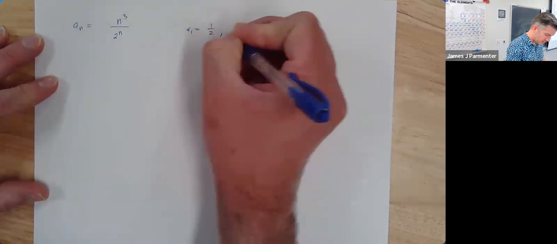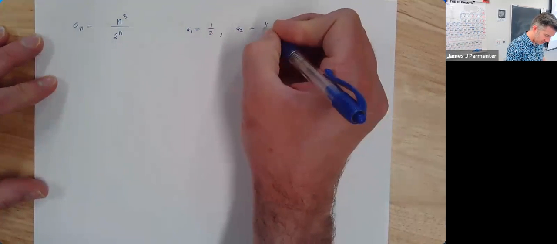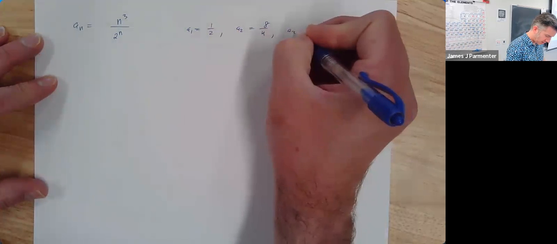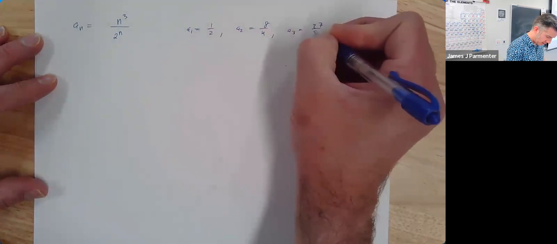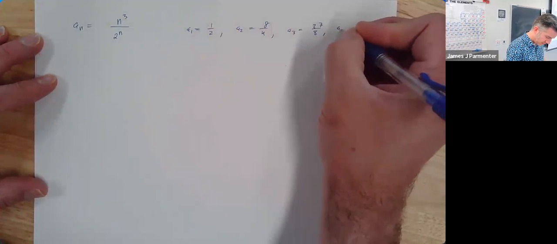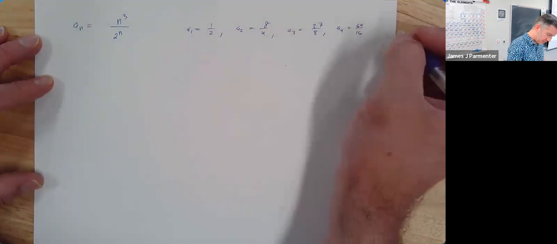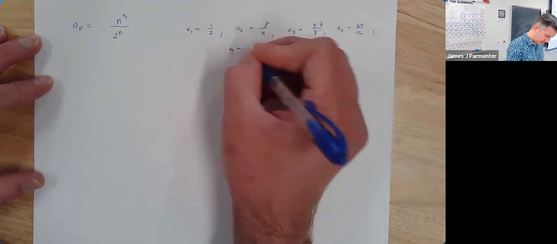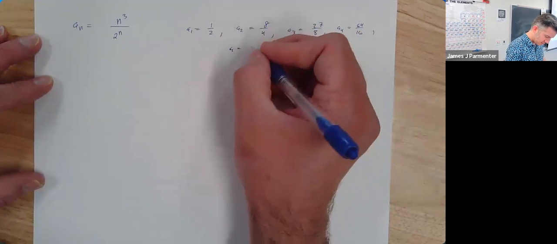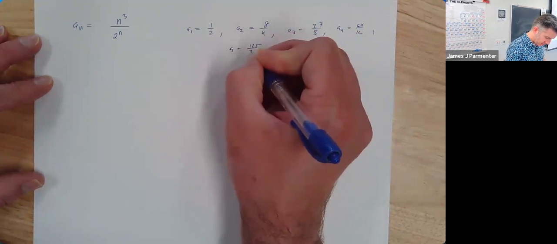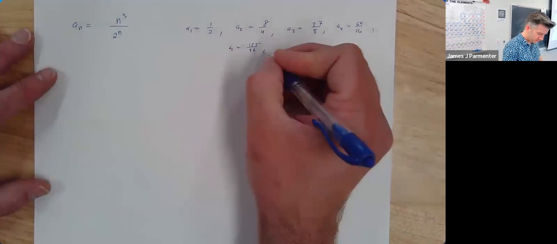A1 is 1 over 2, A2 is 8 over 4, A3 is 27 over 8, A4 is 64 over 16, A5 is 125 over 32, and so on.